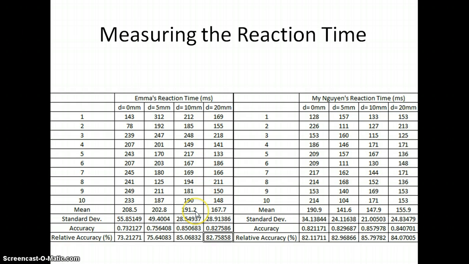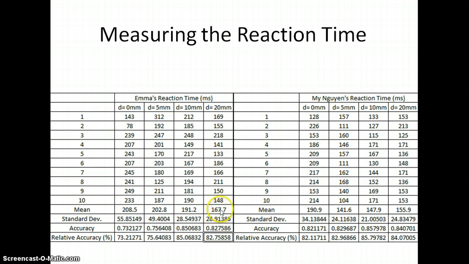These two are the average reaction times that I got, and from the look of it, her average reaction times decrease as I use the D 10 millimeter, and it gets smaller when I use the D equal 20 millimeter.